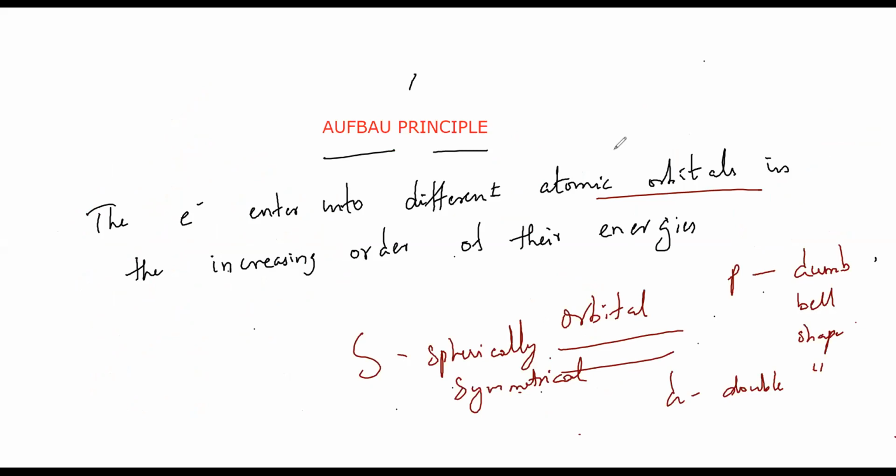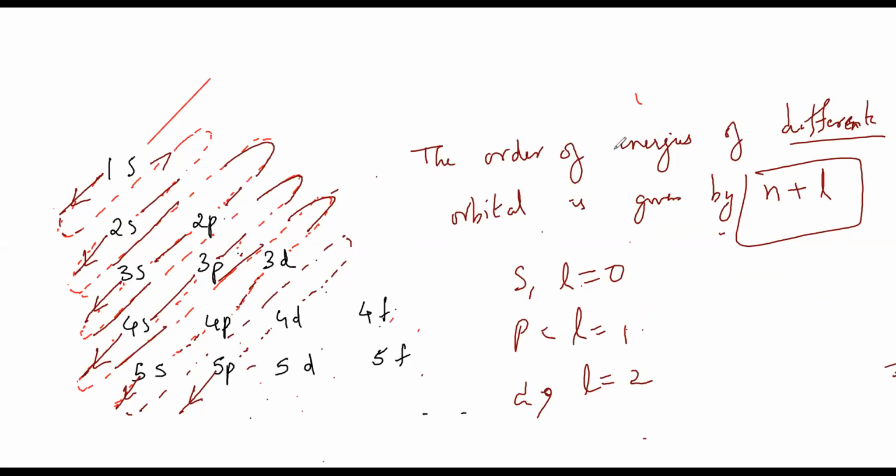Correct? The electron enters into different atomic orbitals in the increasing order of their energy. That only I told here. So it will be written like: first 1s, 2s, then 2p, 3s, then 3p, 4s, then again 3d, 4p, 5s, then 4d, 5p and so on.